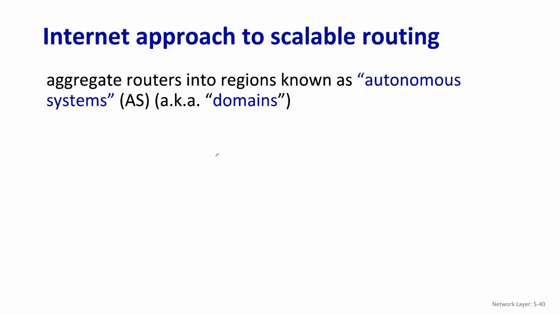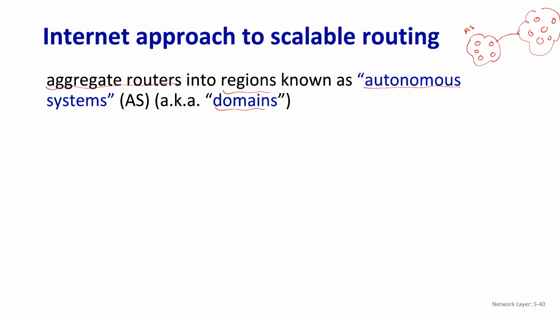So we have something called domains or autonomous systems, where we aggregate the routers into regions. Instead of dealing with each router by itself, we deal with regions. So we group multiple routers into this autonomous system, and we have another autonomous system that has maybe even more.